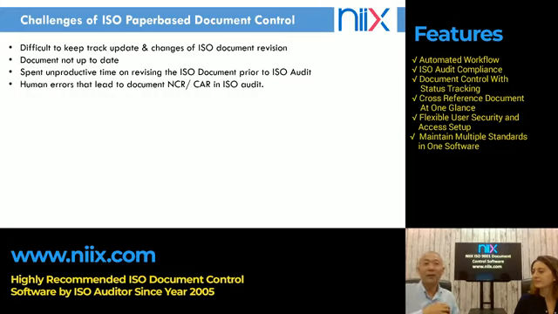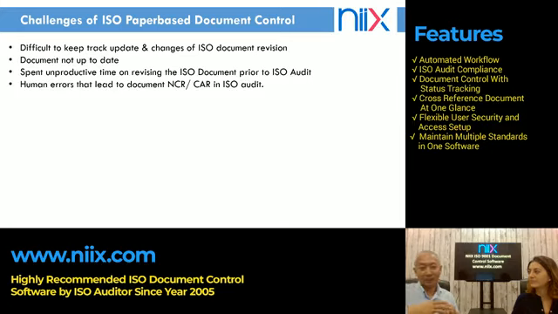And also, it is quite common that 1 week or 2 weeks before the ISO audit, people start to get together, not doing any other thing, just sitting down together to amend and revise the documents and make sure they are up to date, just to prepare for the ISO audit.